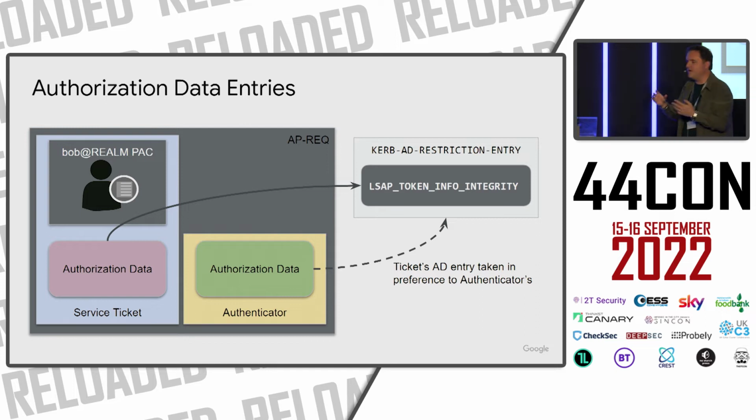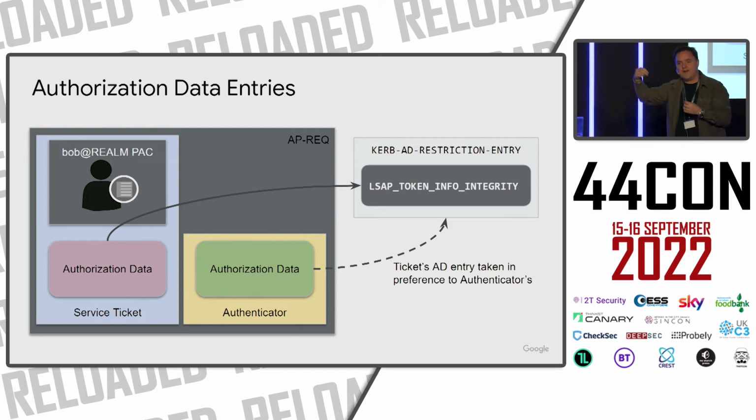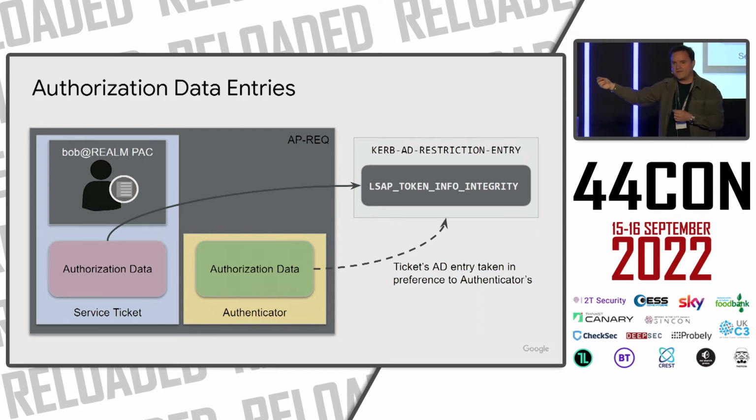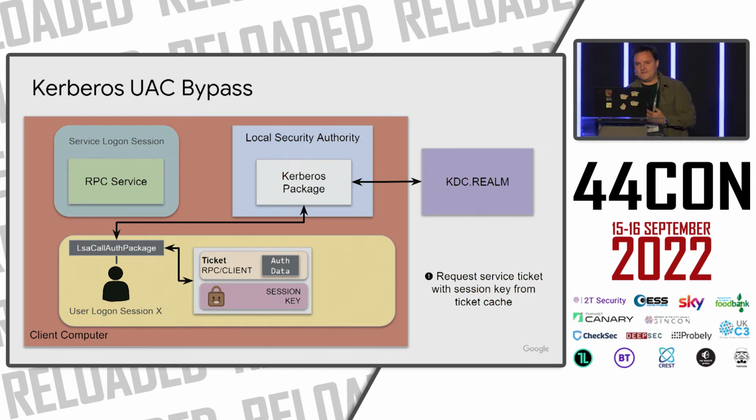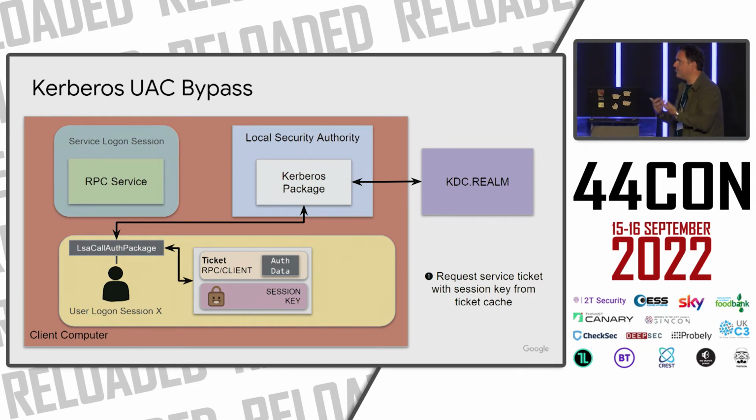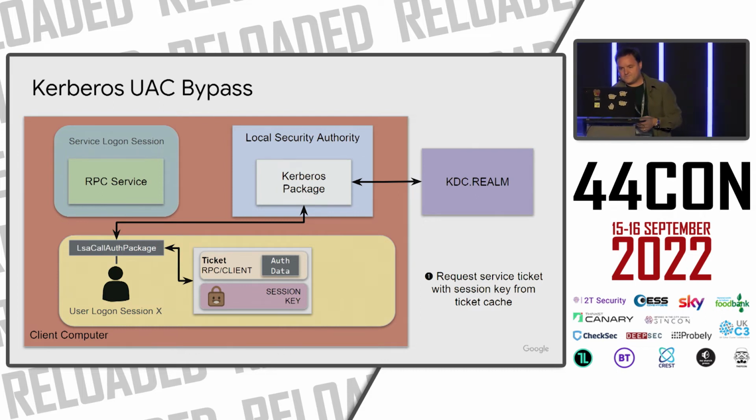But it turns out, if you can control the entire Kerberos authentication process for that user, then you can just say, give me a service ticket, but don't add this extra data because I don't want it. Just let me authenticate without this. And that is all we need to do. And once we've got things like the TGT, we can do our own authentication, and we can therefore get a ticket which doesn't have this UAC restriction in it.